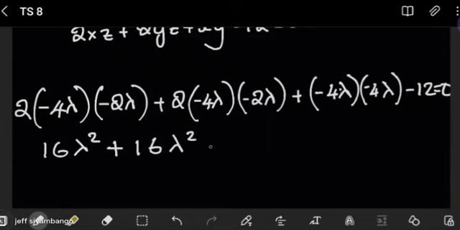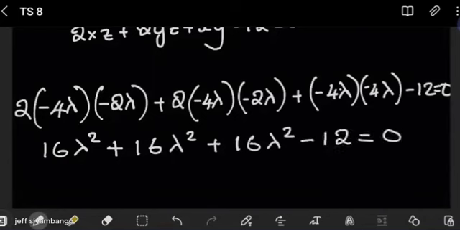Then we have plus, this is 4 and 4. Again, we're seeing 16 coming out there. So we have plus 16 lambda squared. Then we have minus 12 equal to 0. Okay, any questions so far?